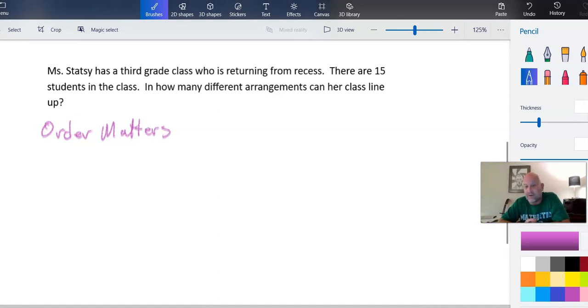So that means it's either n factorial or nPr. So let's see, we're using everybody in the class. So that means it's a factorial, which means that the answer to this is 15 factorial. And so let's see what that actually is.